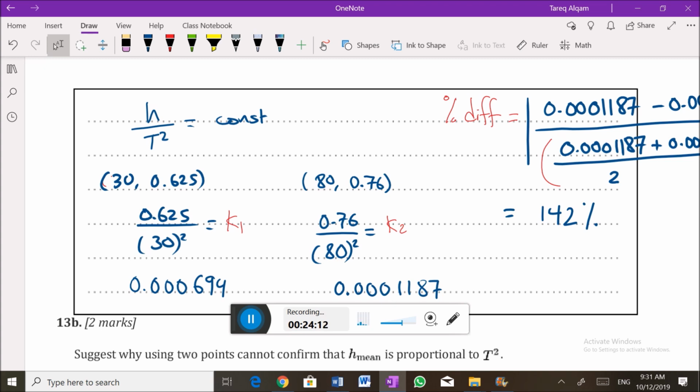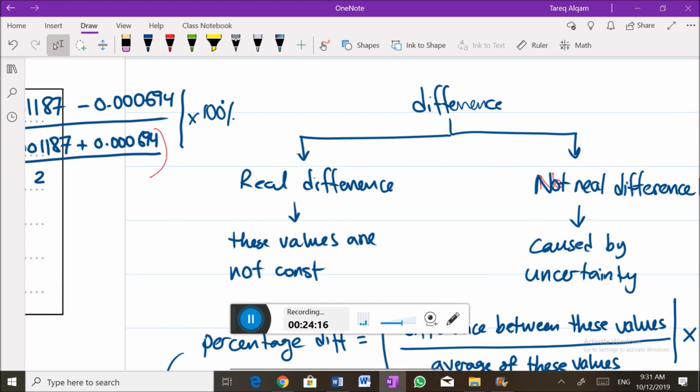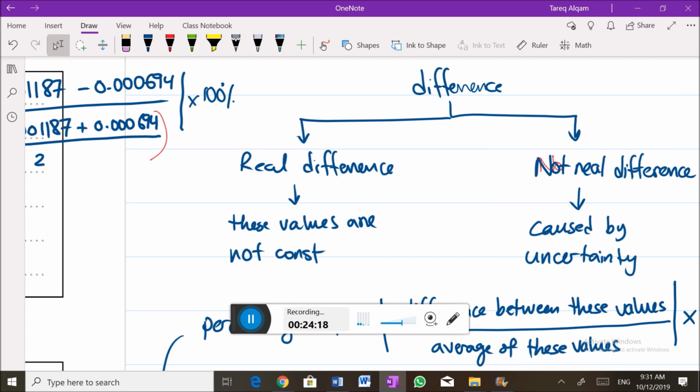Now I have two different values. Basically, if I would like to judge if they are constant or not, I have to use this. The difference can be caused by two things. Either it's a real difference, this means that the suggestion or the theory is not valid. The two values are not constant, right?